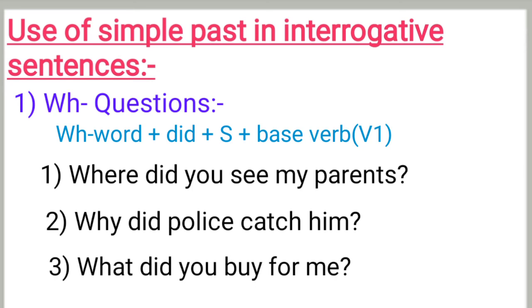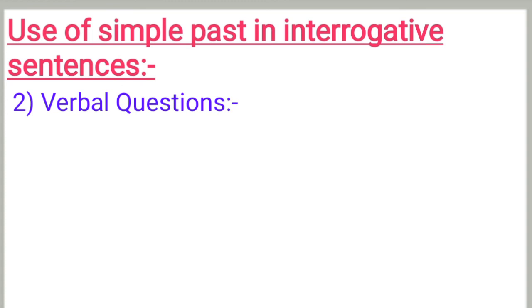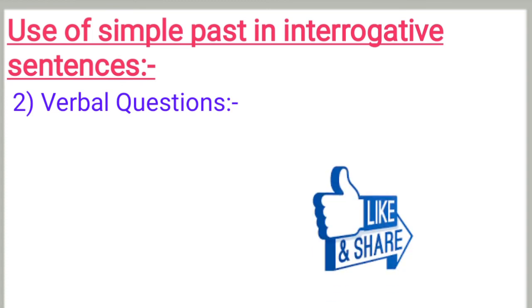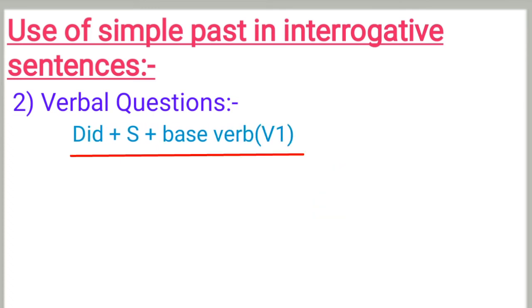Okay, now let's move forward and see how to use simple past for making verbal questions. For verbal questions in simple past, we have to use the following structure. Verbal questions always start with helping verbs, and in simple past the helping verb that we use is did.